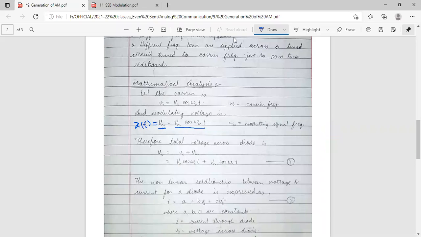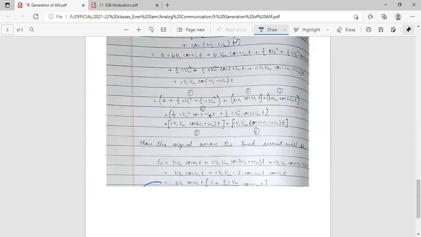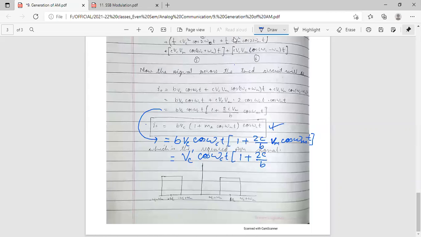So instead of xt we have written here Vm.